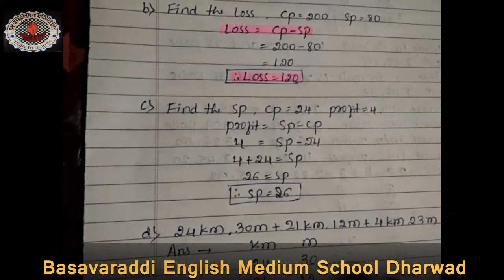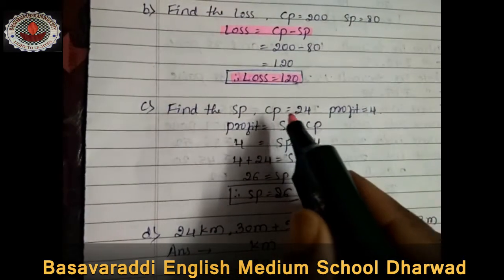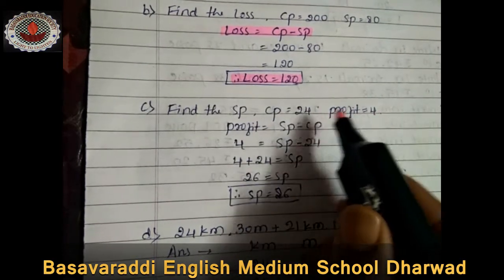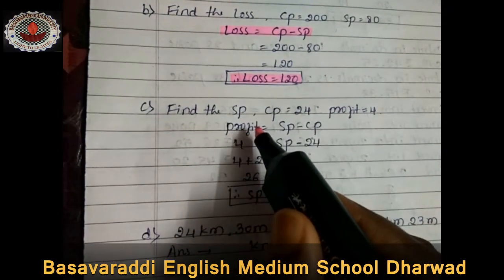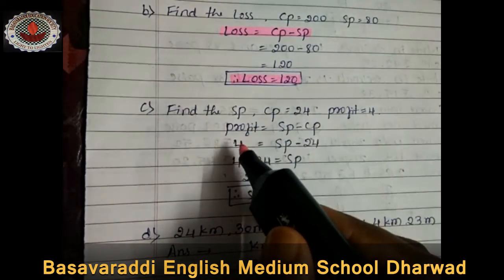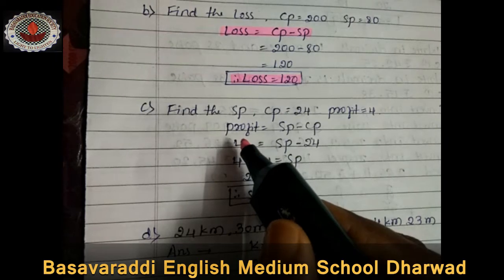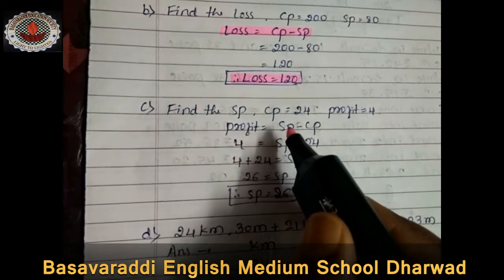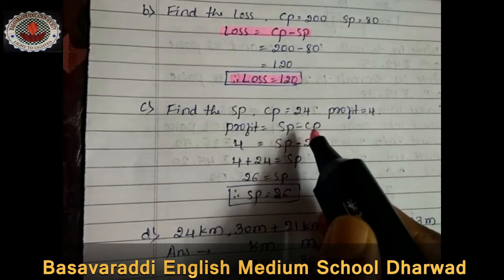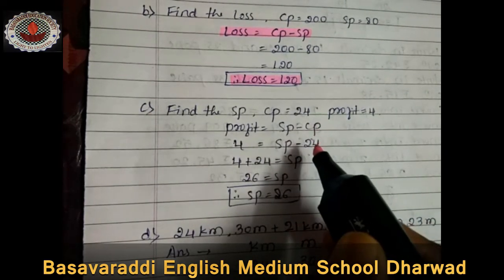Loss is equal to rupees 120. Next, the C question is find the SP. CP is equal to 24. Profit is equal to 4. The formula is profit is equal to SP minus CP. Filling in the amount of the profit, that is 4, is equal to SP minus the value of CP, 24.